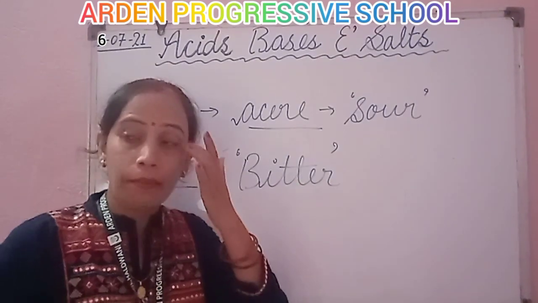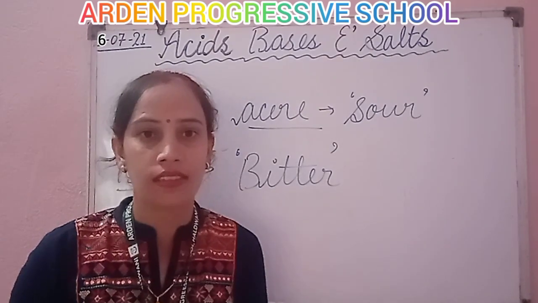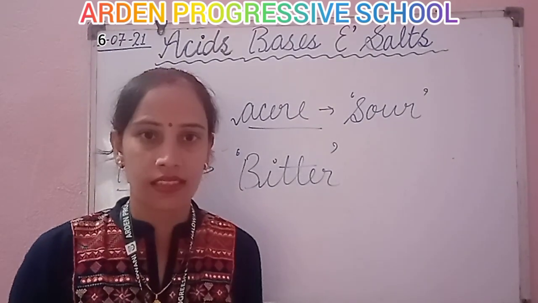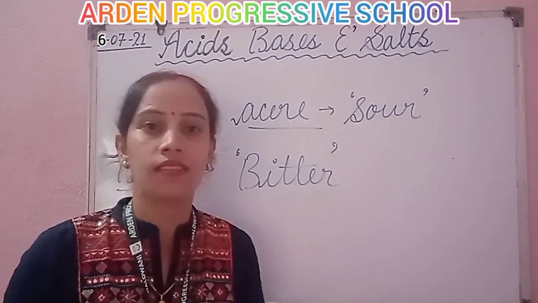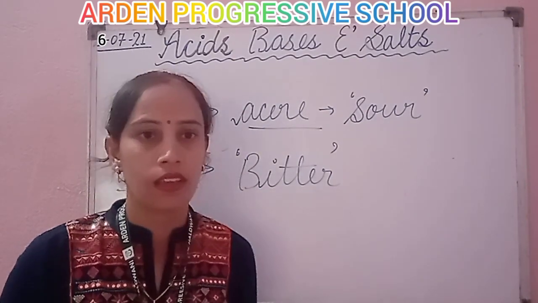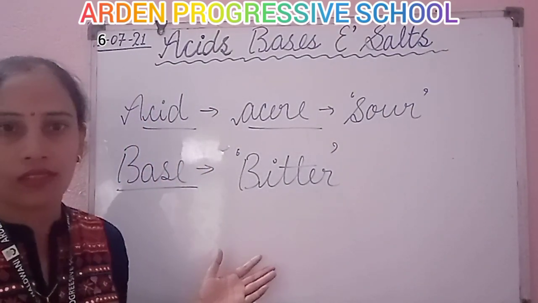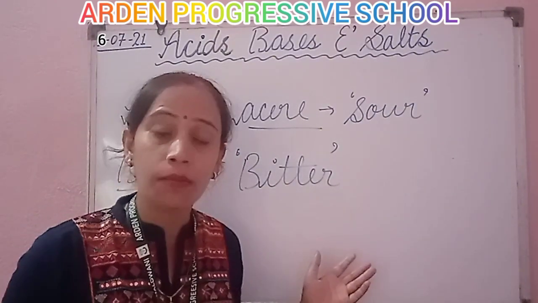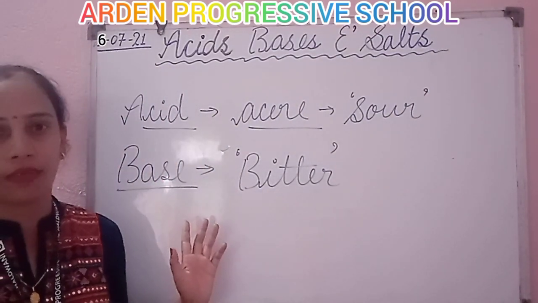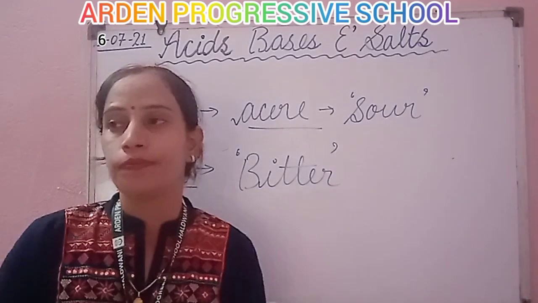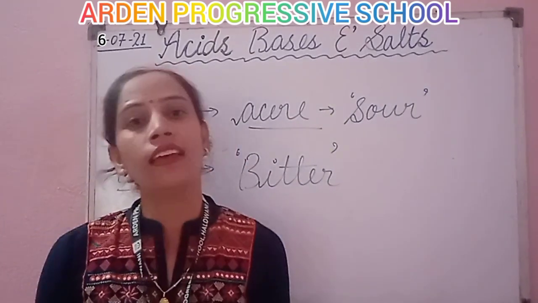You can take examples from your daily life, such as shampoo, conditioners, all the cleaners, all the phenyls, harpics that we use in our houses. Okay, they all are basic in nature. Soaps, detergents, washing powders, they all come under the base. Clear students? So these are the acids and the bases.